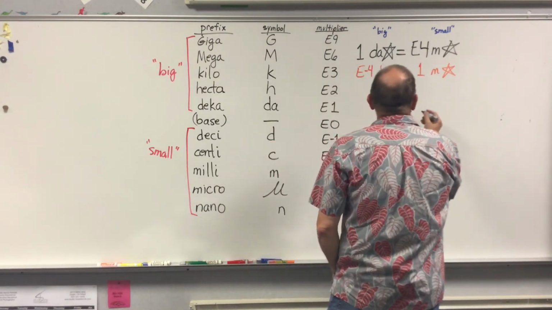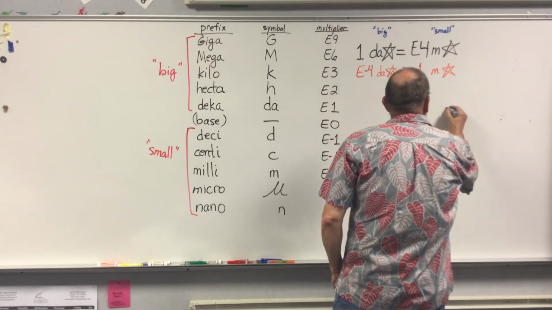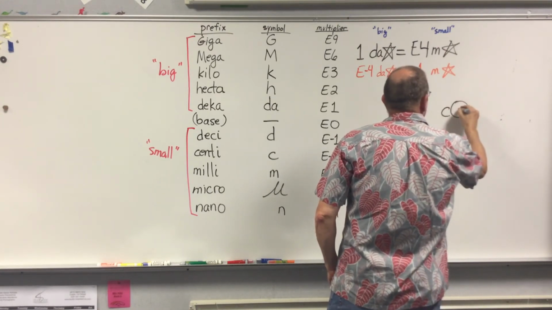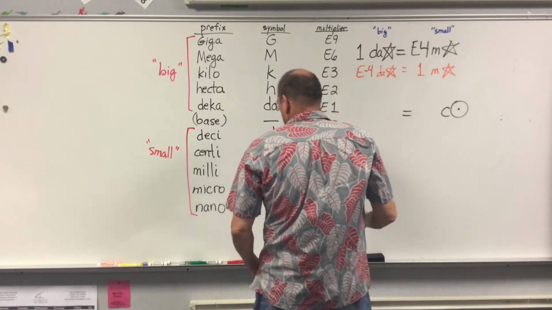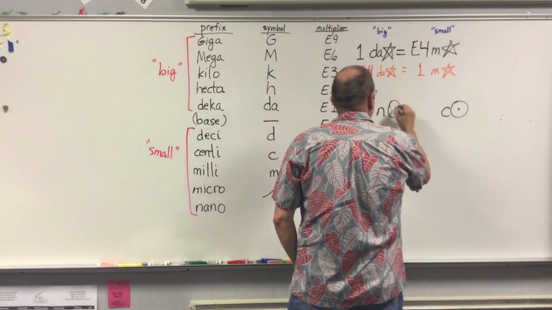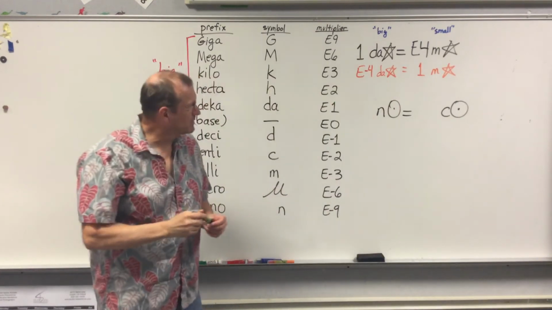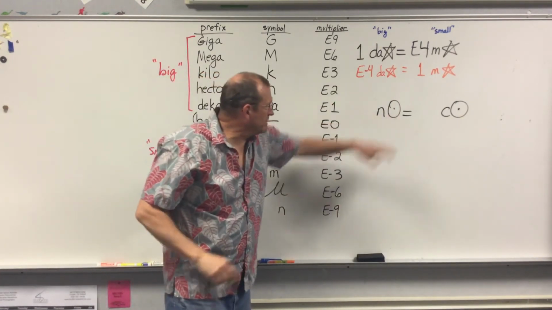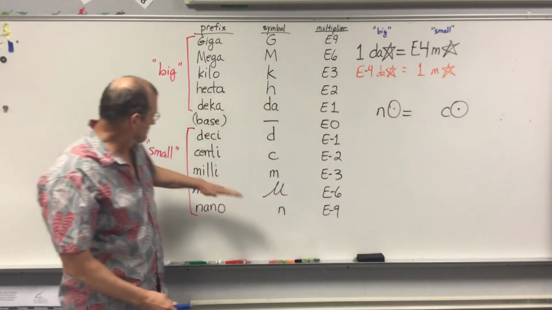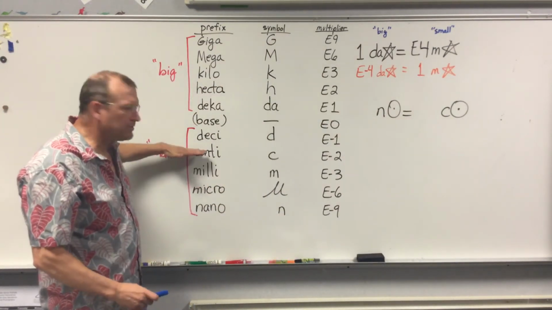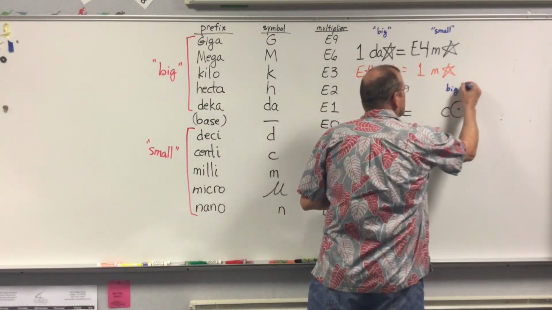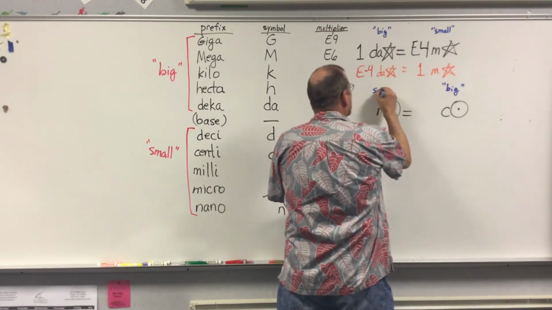Let's say we had a centi circle and a nanocircle. So again, between these two here, which one is the bigger one? Here's centi, here's nano. Centi is higher up, so that means centi now is the bigger unit.